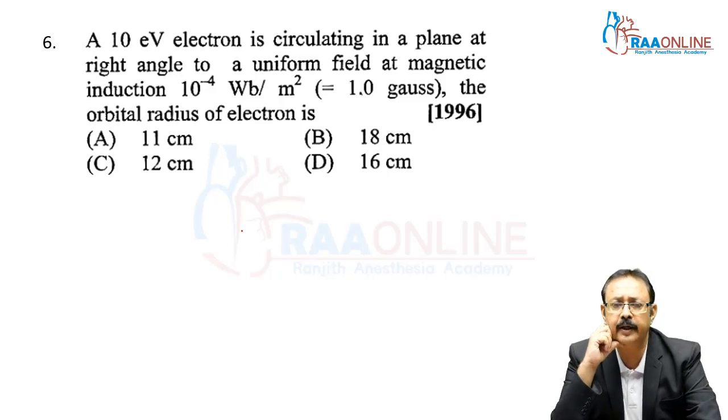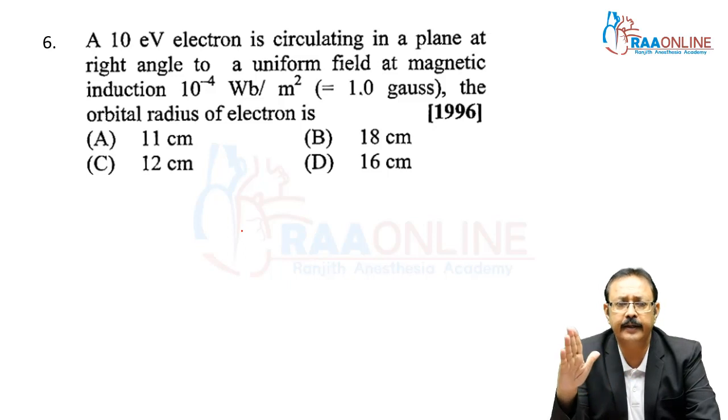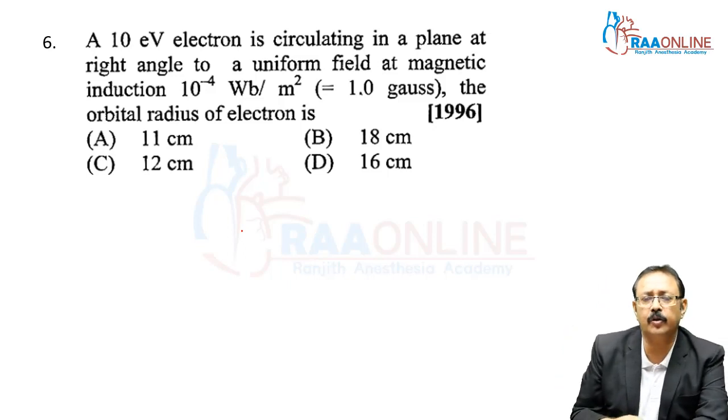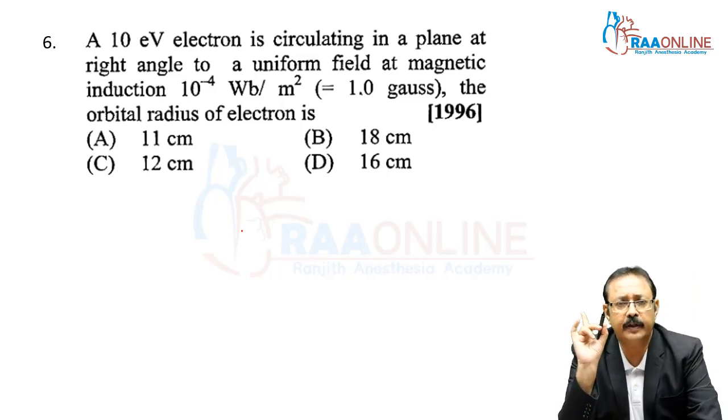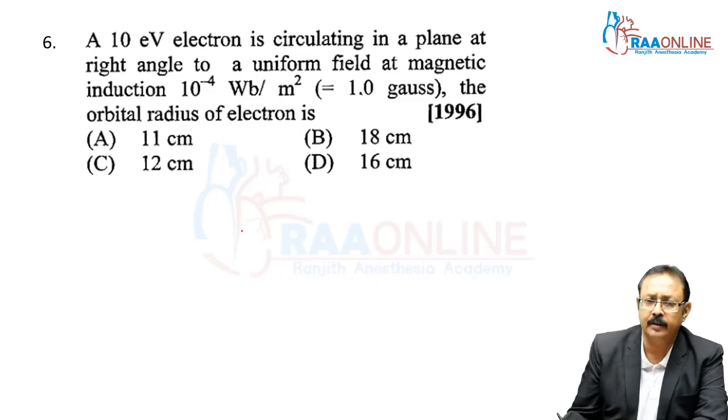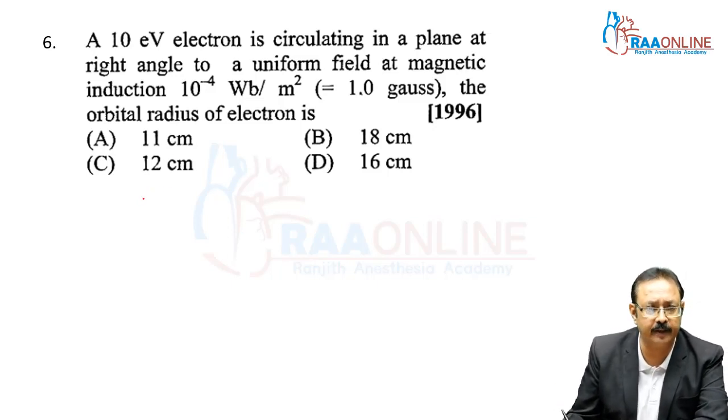The orbital radius of the electron is, all options are in CGS unit, but it is better to solve initially in SI unit and convert lastly in CGS, so there is no chance of mistake.